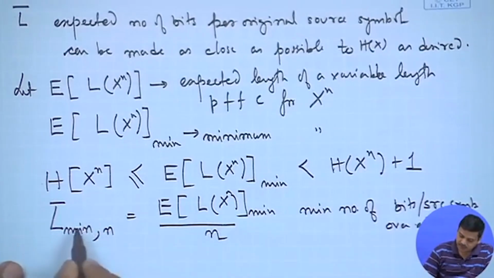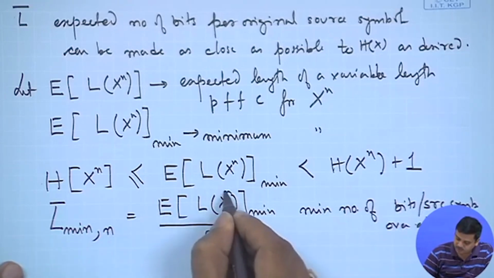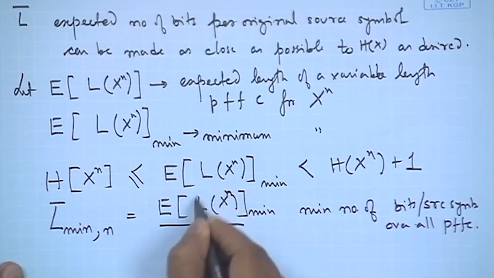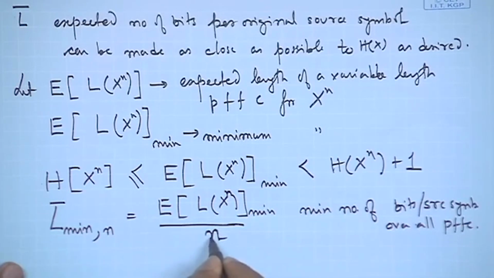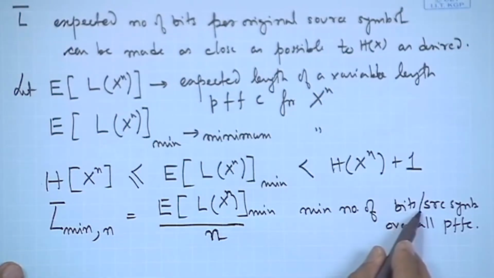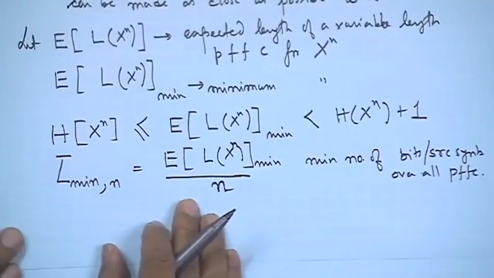Look at this: this is the minimum expected length of code word for this block. Since this block is created by n symbols, this divided by n indicates the number of bits per original source symbol.